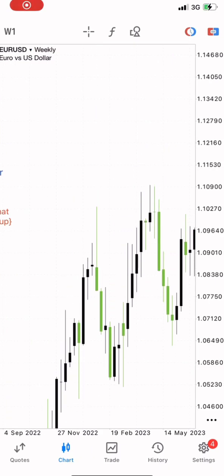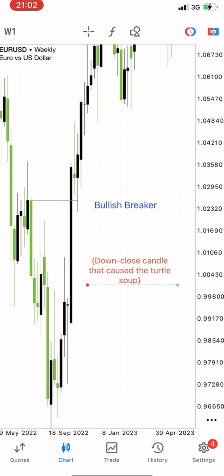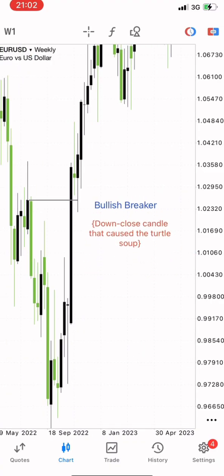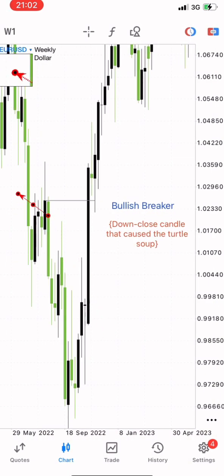Next up, we have the breaker block. Now we have the bullish breaker, and we have the bearish breaker. And the bullish breaker is the up-close candle that caused the bearish turtle soup. Right, so it's one specific candle. Again, remember the difference between what we do and what the other schools of analysis do. We're not here trading zones.